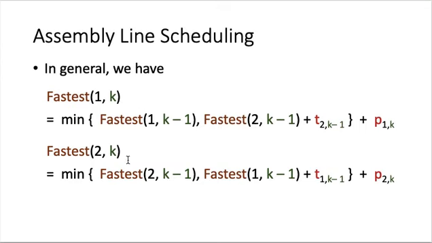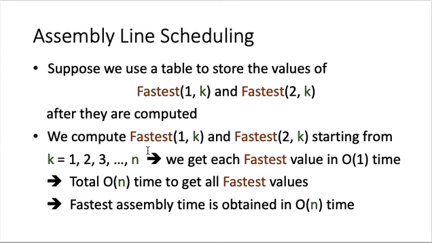And similarly, or symmetrically, we can get the formula for fastest of 2K. So suppose that we are now storing all the values of fastest 1K and fastest 2K. You can imagine that there is an array for fastest 1K, so fastest 1, 1, fastest 1, 2 up to fastest 1, n.